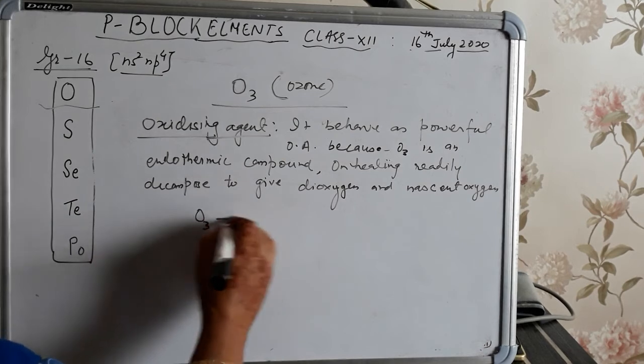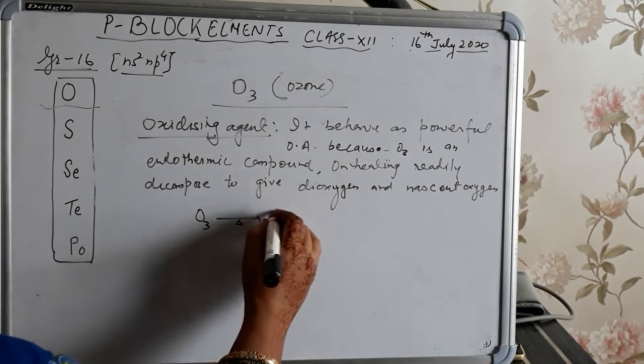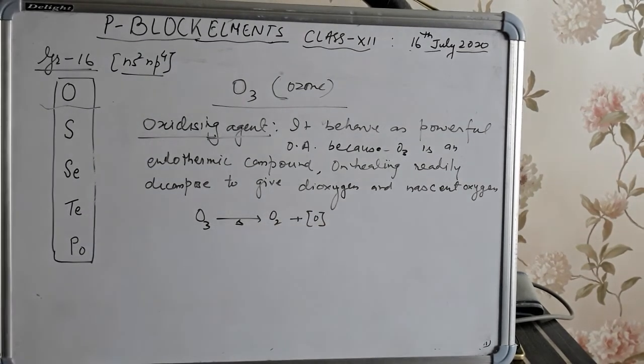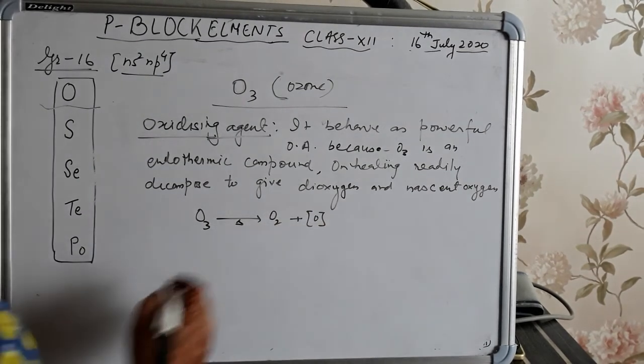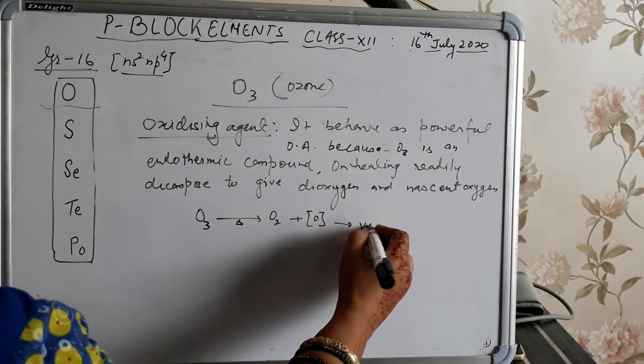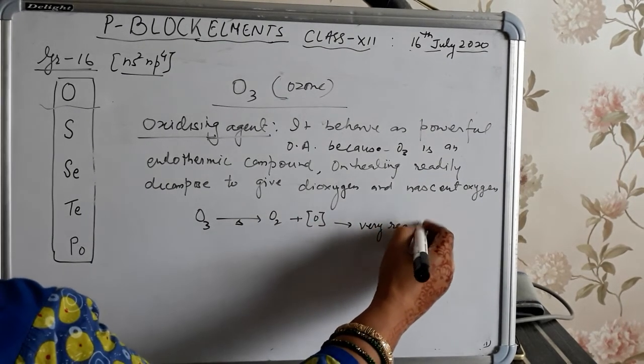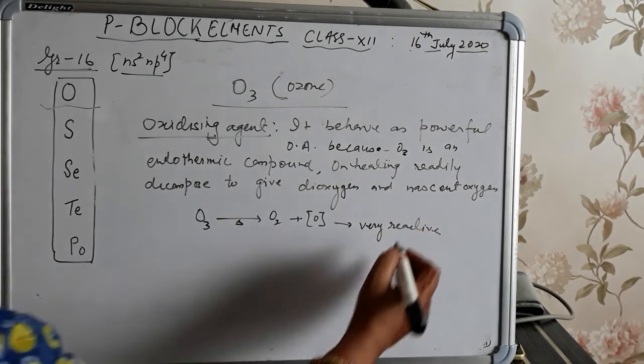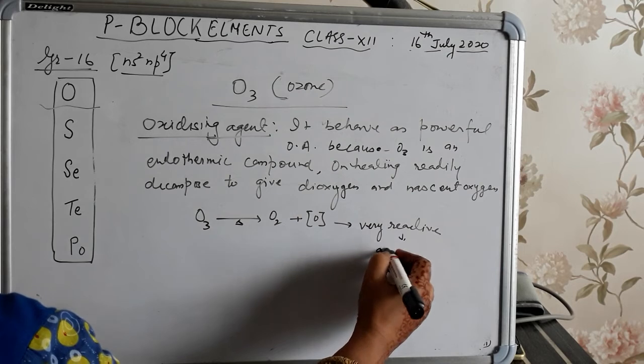Whenever heat is given to ozone, it forms dioxygen and nascent oxygen. Since nascent oxygen is very reactive, it acts as a powerful oxidizing agent.